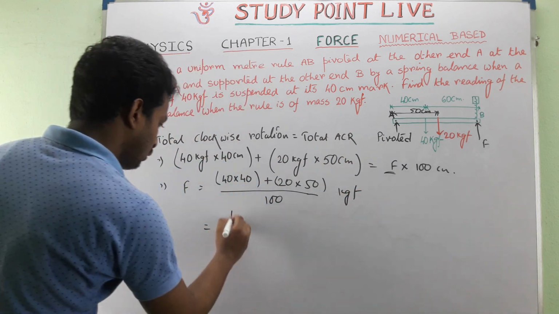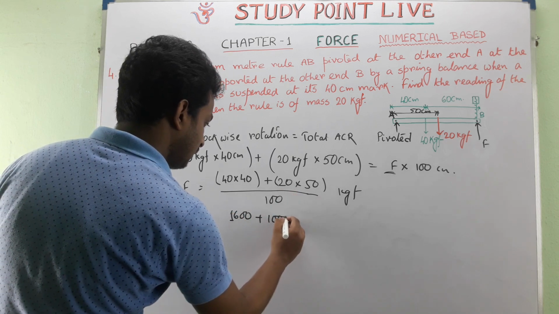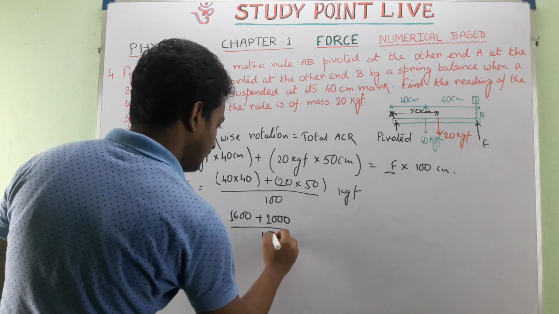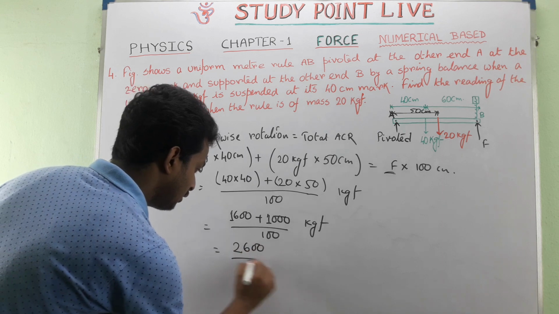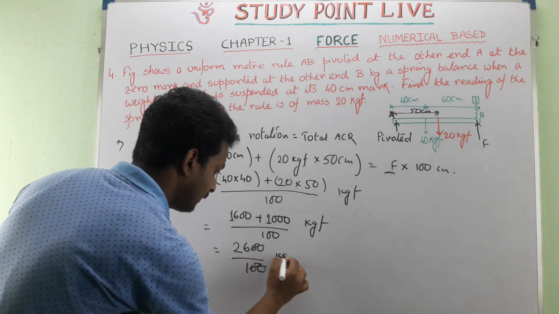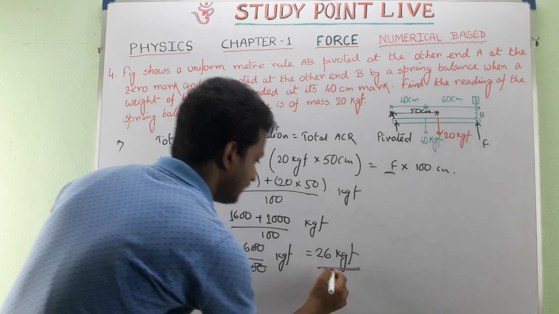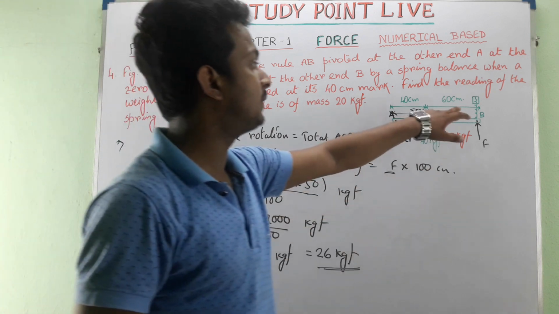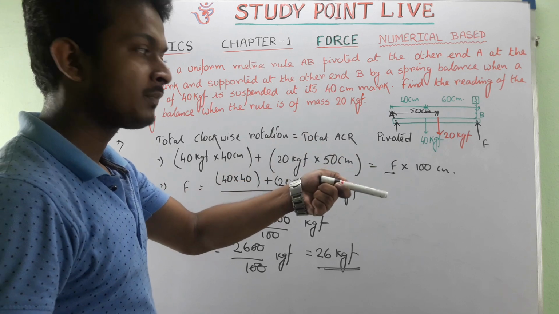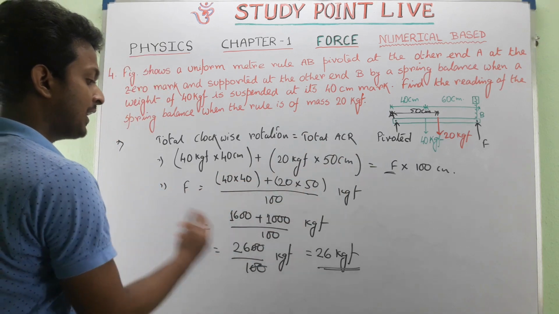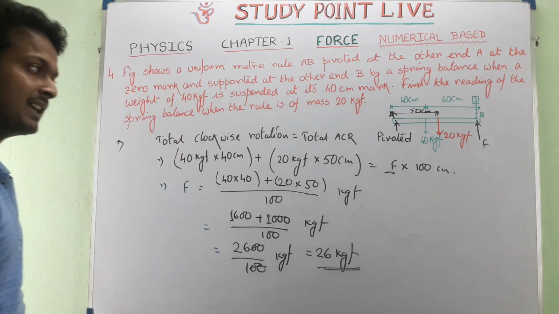Now let's solve. 1600 plus 1000, divided by 100 kgf, so it will be 2600 by 100, which is equal to 26 kgf. So this is the total force that the spring balance must give to hold the uniform meter bar. This force will be shown as the rating of the spring balance. So the rating of the spring balance will be 26 kgf.